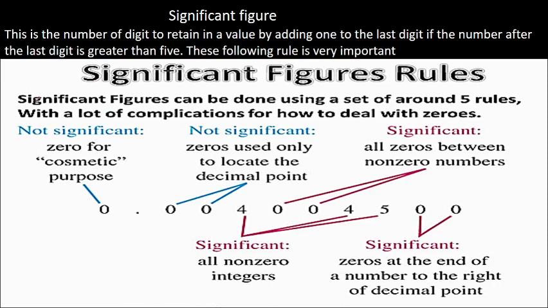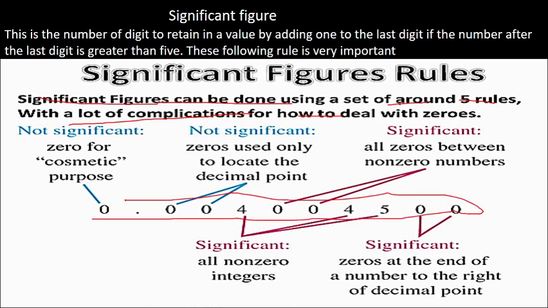Now, let us see. Significant figure can be done using a set of around 5 rules, with a lot of complication for how to deal with zeros. But there are some rules that you need to understand. For you to know the number of significant digits, you need to understand basic numbers like this.